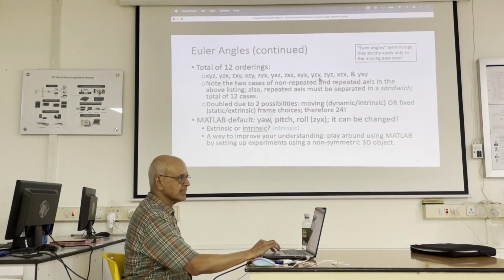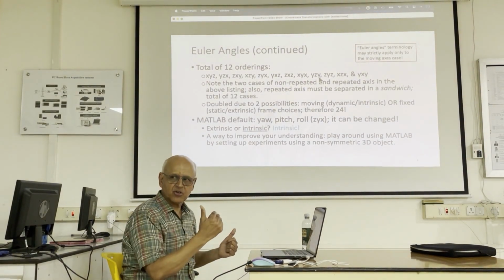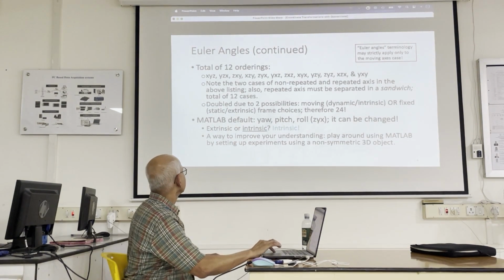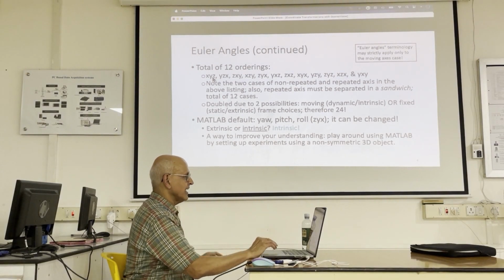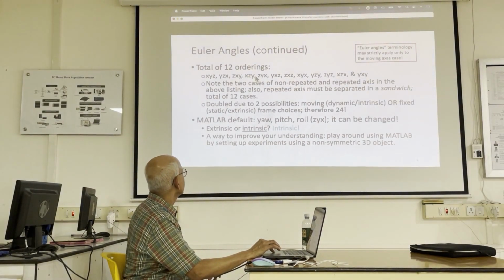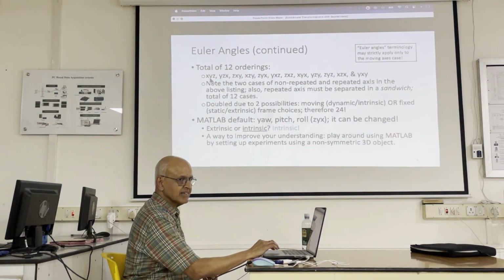Here we're going with all the axes, except that it's an order: X, Y, Z, Y, Z, X. So how many possibilities do you get? You get all of them: X, Y, Z; Y, Z, X; Z, X, Y; X, Z, Y; Z, Y, X; and Y, X, Z. 1, 2, 3, 4, 5, 6.